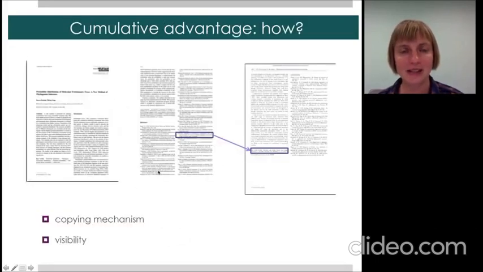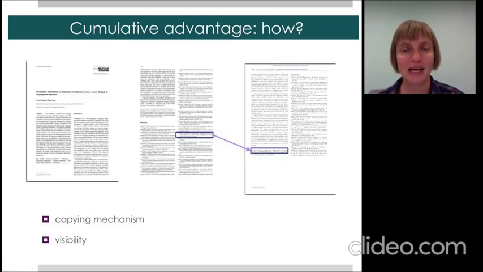How does this actually happen? Well, there could be many underlying mechanisms, but one of them is copying. So if you're reading one paper, you might actually look through its references and find that it cites another paper. And so you copy the citations of others.